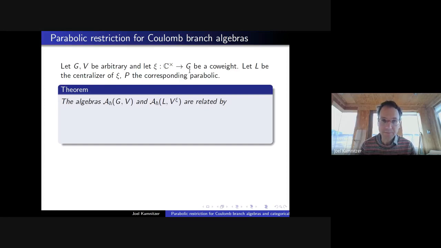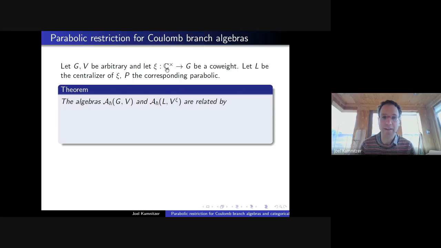Okay. Then we're going to be interested in the non-commutative Coulomb branch algebra associated to G and V, and to the pair L and V^C*, so this Levi, which is kind of like the invariants in some sense of this C star. Its Lie algebra is the invariants of C star acting on the Lie algebra of G, and the invariants of C star acting on the representation.